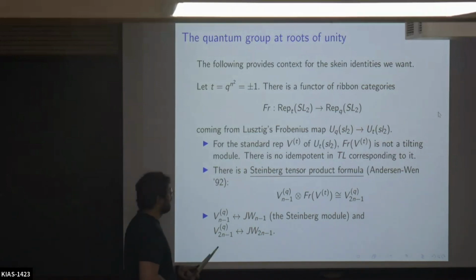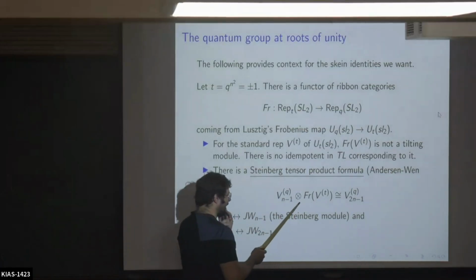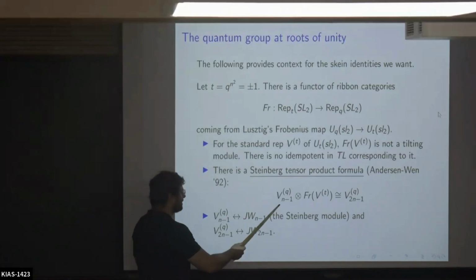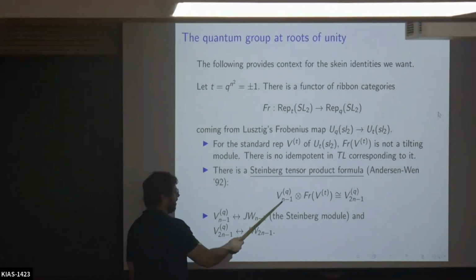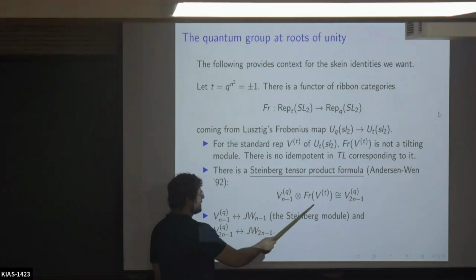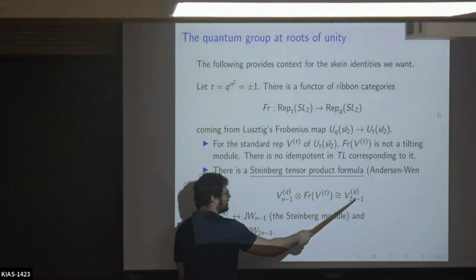However, there's this Steinberg tensor product formula found by Andersen and Wen, which says that if you take the highest weight n minus 1 module when you're at this root of unity Q, and you tensor it with the Frobenius of the standard representation, you get the module of highest weight 2n minus 1.